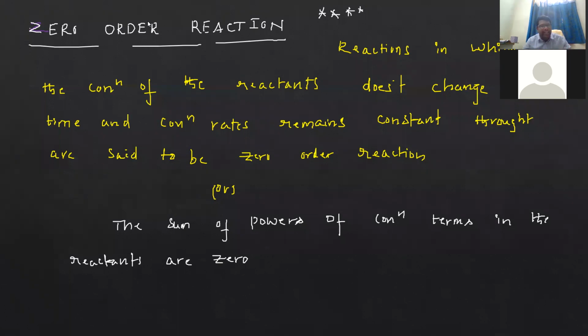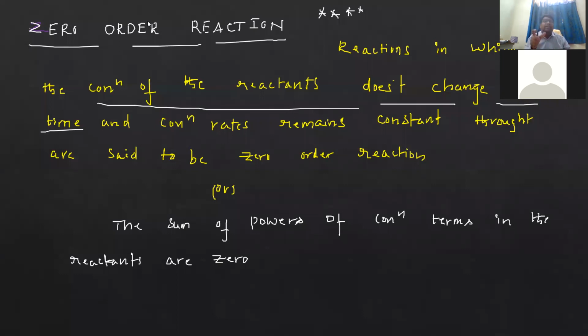One definition is reactions in which the concentration of the reactants does not change with time. When a graph is drawn between rate and time, the line is straight and parallel to the time axis, so it does not change with time. That means the concentration rate remains constant throughout the reaction.